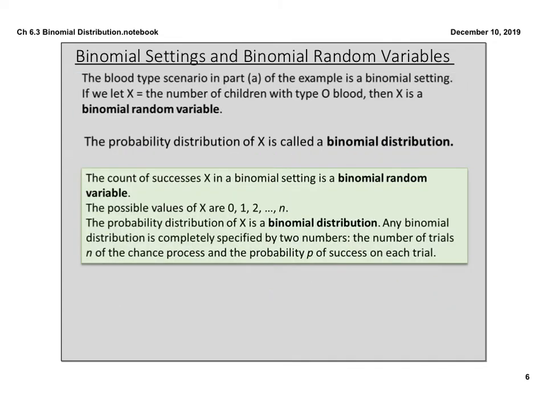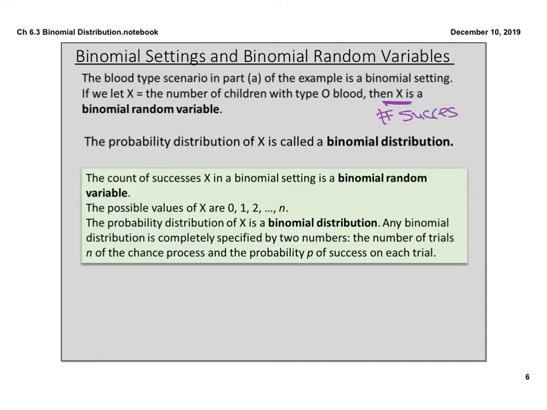All right, so let's talk about a binomial distribution. It says the blood type scenario in part A of the example we just looked at is a binomial setting. So if we let X equal the number of children with type O blood, then X is the binomial random variable. So X is like the number of successes you're going to get, basically.